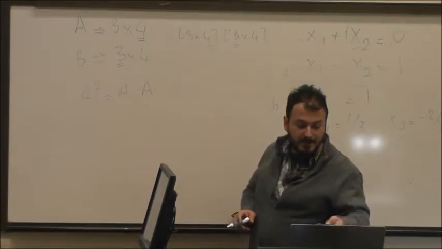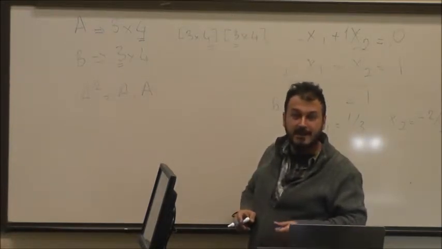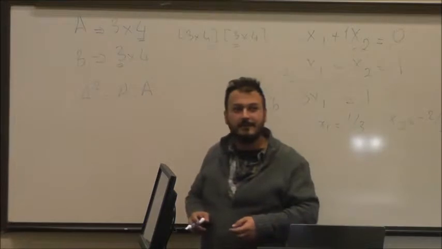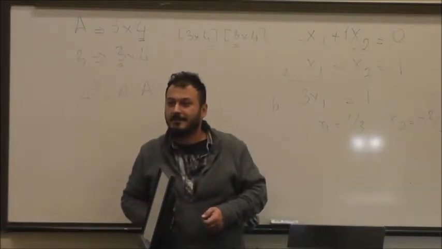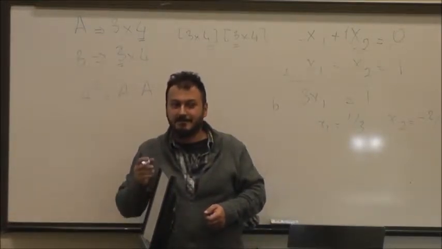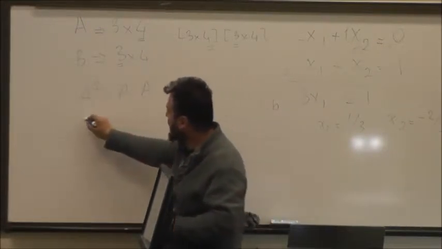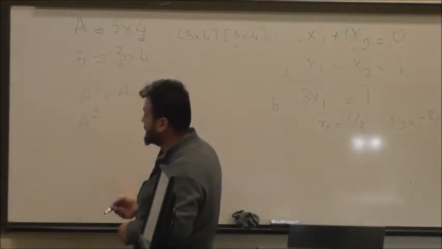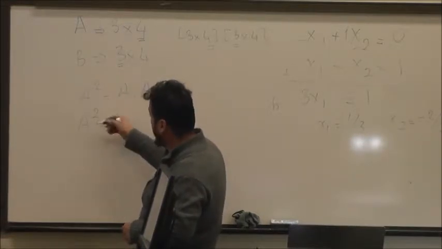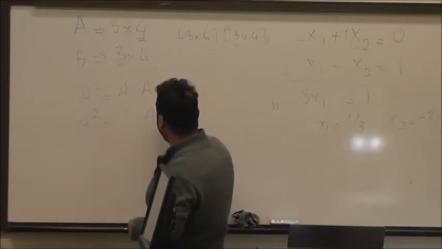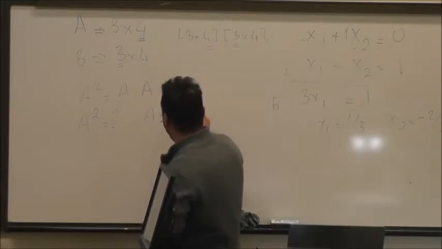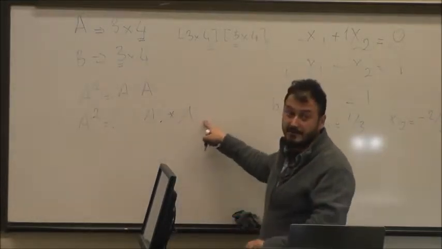But what about A dot multiply A in MATLAB? The dot operation. Exactly, it's pointwise element. So if I have A squared and ask for it, if I say A dot multiply A, I have an answer.